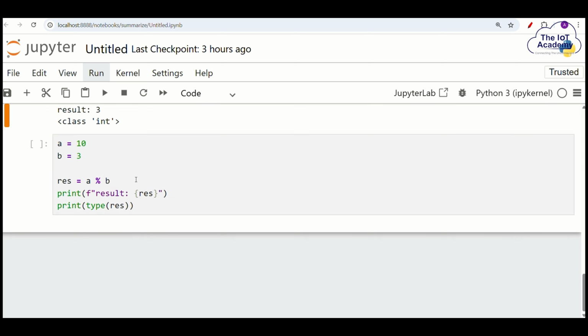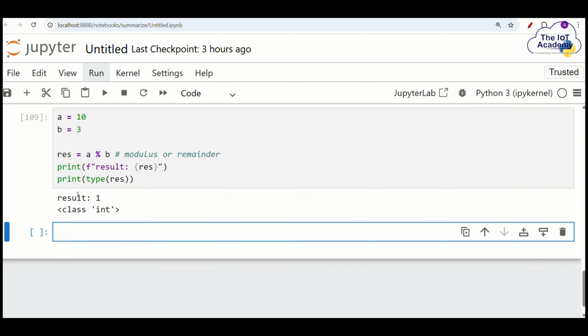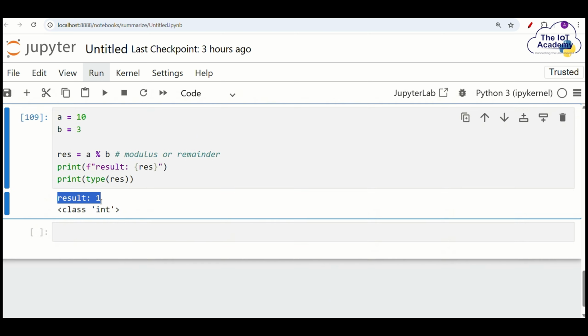And this right here is called your modulus operator or modulus. Another word I've seen in the literature is remainder. It's going to calculate the remainder for you. So 10 divided by 3, and the remainder should be, can anybody guess? 10 divided by 3, remainder is 1. And there you go, result is 1.